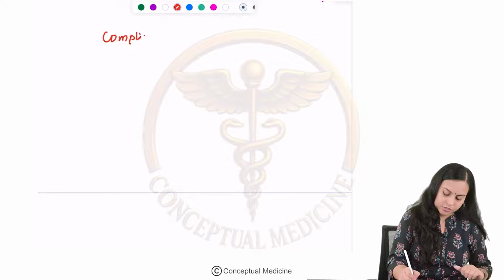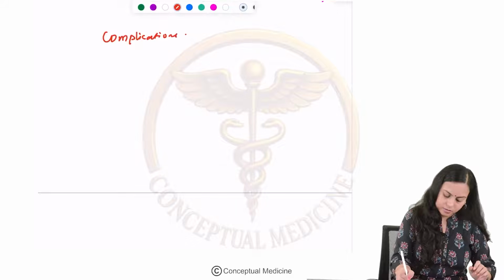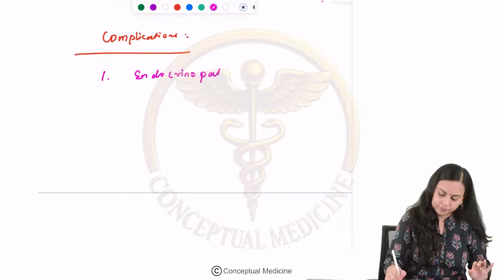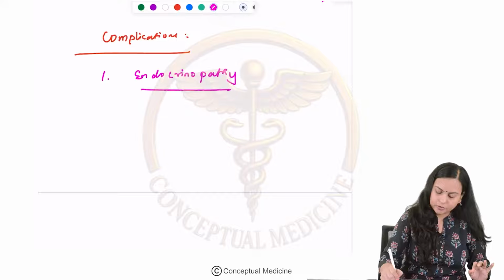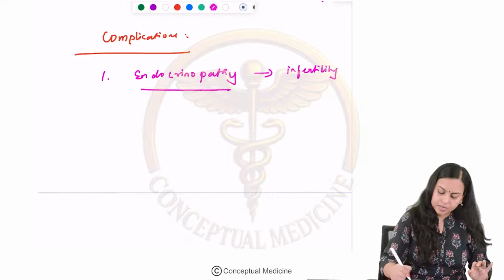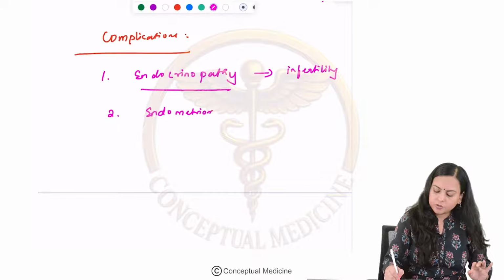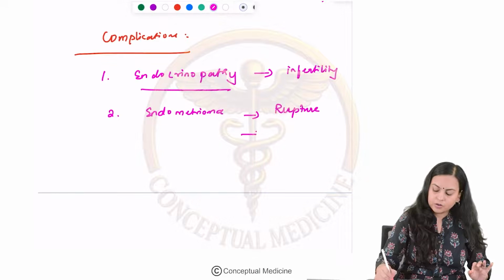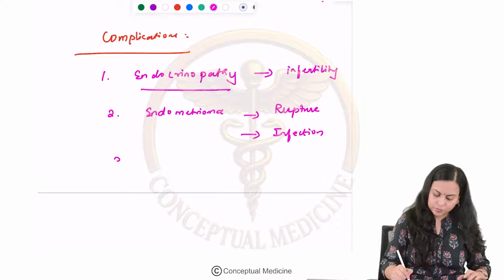So complications. First one, she can go for endocrinopathy, okay, and this endocrinopathy will be one of the causes for infertility. And second one, there can be an endometrioma formation, as I told, that can go for rupture, or even an infection can also happen in an endometrioma.